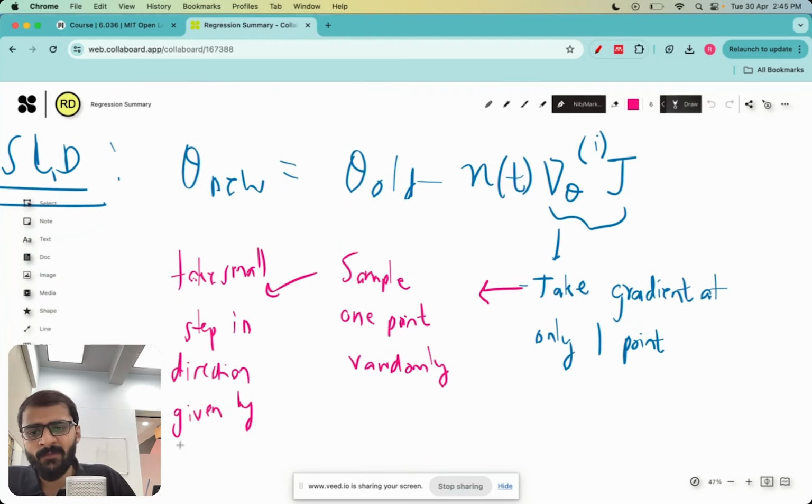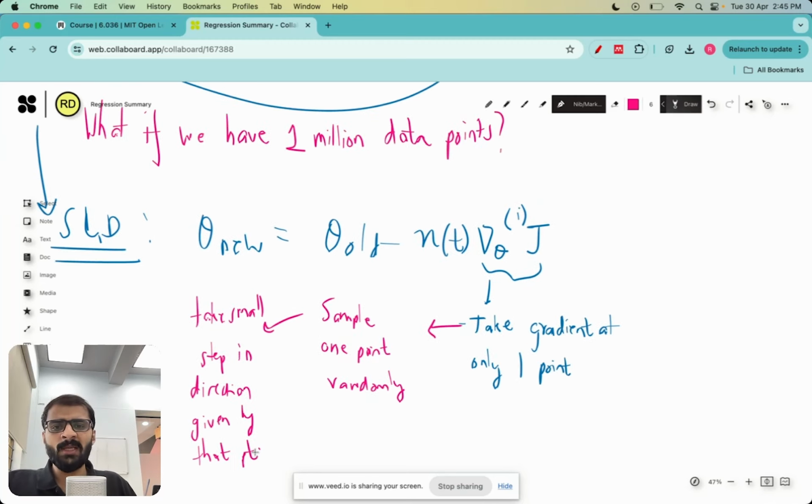So no need to take the average, no need to take the summation over all the points. Although this means that we are not moving in the exact correct direction of the steepest descent given by all the points, it's fine. We make some mistakes, but that will at least prevent the summation operation over 1 million data points.